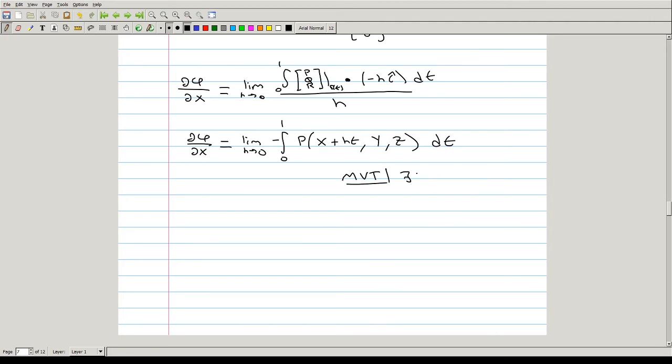And by the mean value theorem, there exists some value t star such that the following is true. d phi dx is going to be equal to the limit as h goes to 0 of this function evaluated at t star multiplied by the size of the domain.